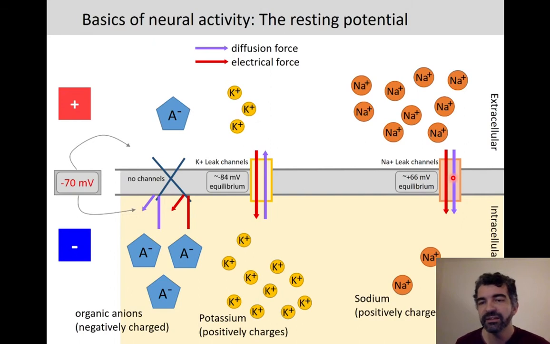But as I mentioned earlier, we have a difference of minus 70 millivolts between the inside and the outside. So how does that come about? It means that first of all, since this is not at the equilibrium, there's still some kind of force driving potassium out of the cell rather than inside of the cell.